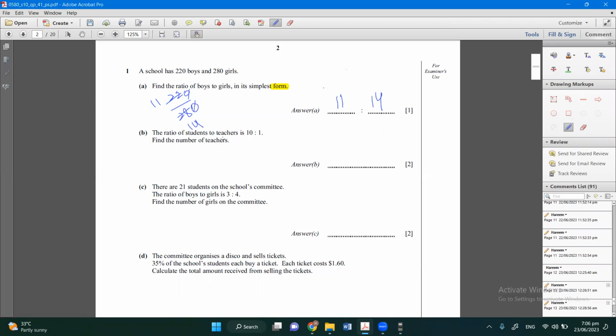Maybe you are thinking that we don't even know the total number of students, but we do, because in the first part they have already said that the school has 220 boys and 280 girls.